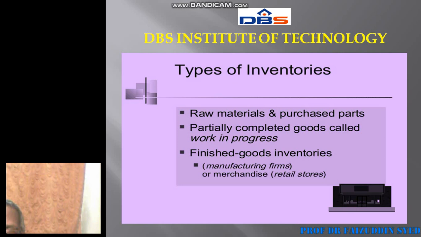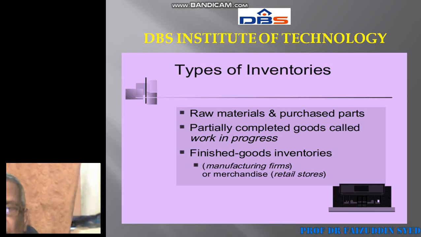Then finally the goods which are already finished and ready for sale. All these things are called different types of inventory.